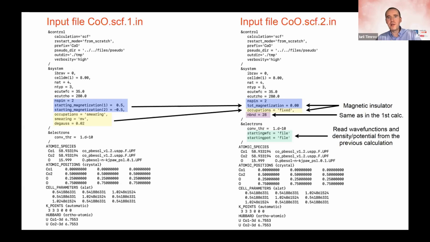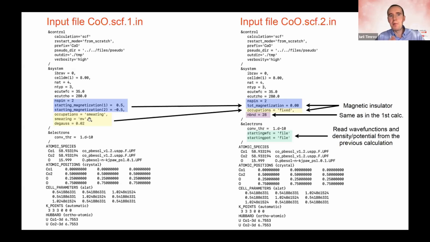But before going to the next HP calculation, we need to perform an additional SCF calculation. This is so because if we don't do this additional calculation, but go straight to the HP calculation, the code will stop complaining that you have a magnetic insulator, but you are treating it as a magnetic metal because you use smearing.